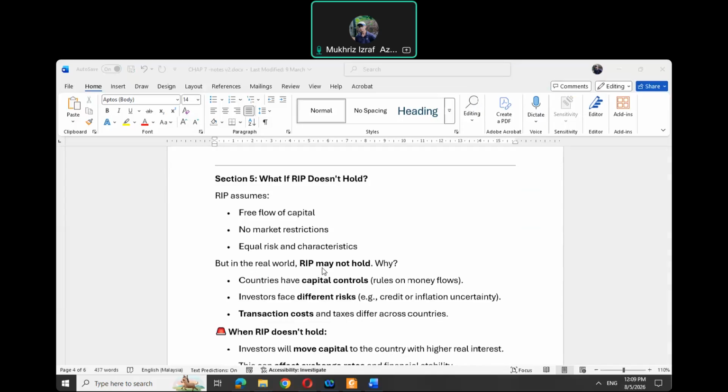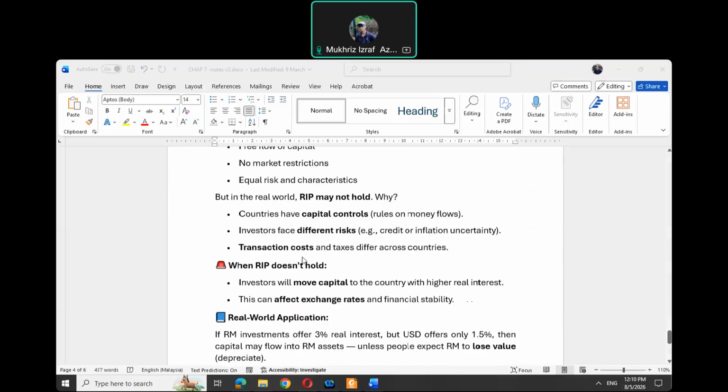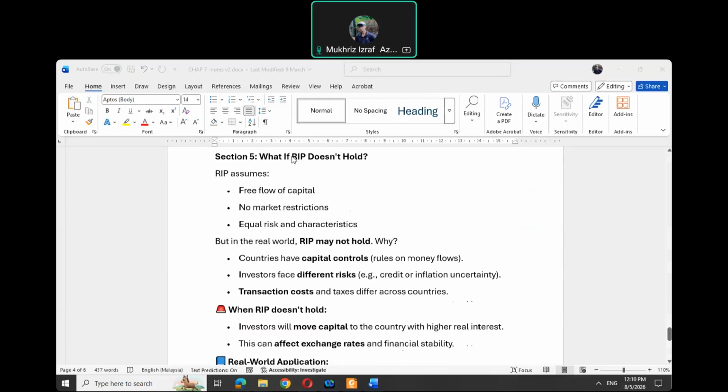People will start depositing more money into the country that has the higher interest rate, and that will lead to an increase in supply of deposits, and that will eventually bring down the interest rate. So at the end of the day, the market will adjust and interest rates will tend to equalize between two countries in the long run. So this is the effect when RIP doesn't hold.